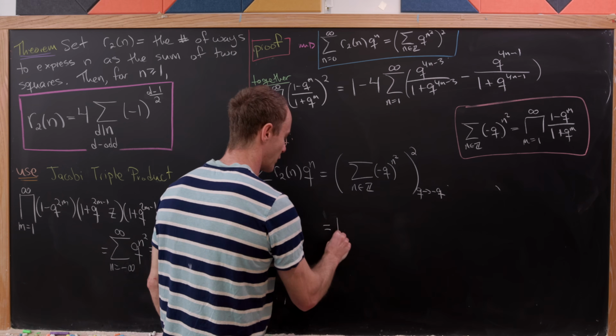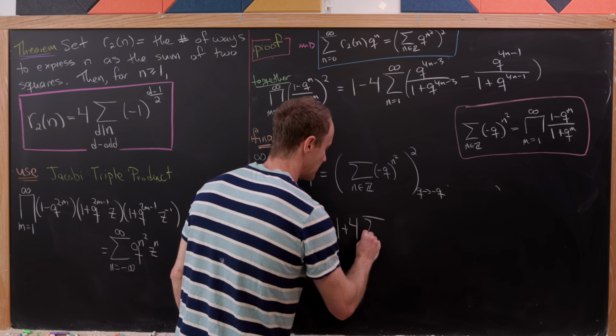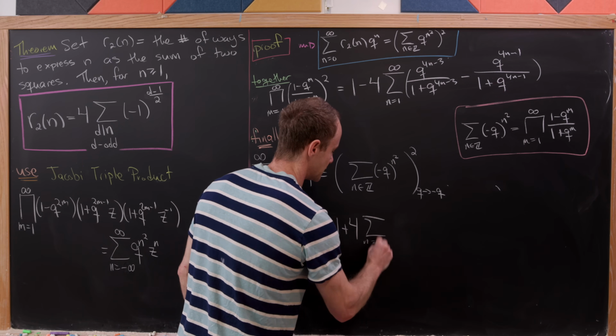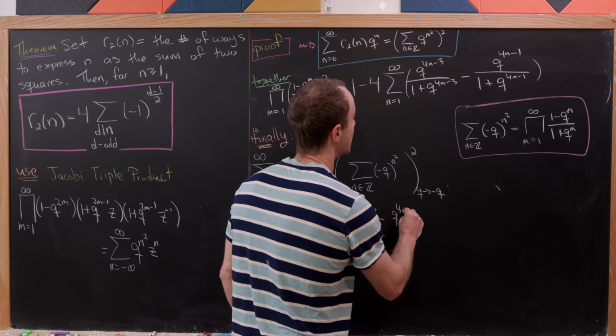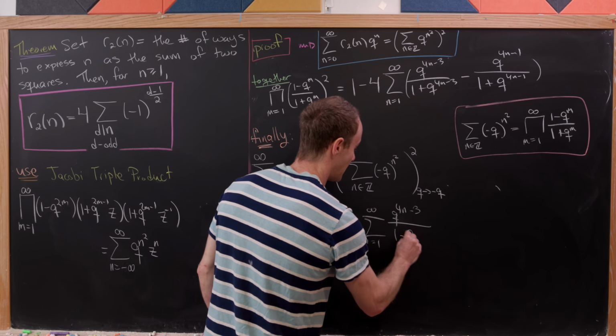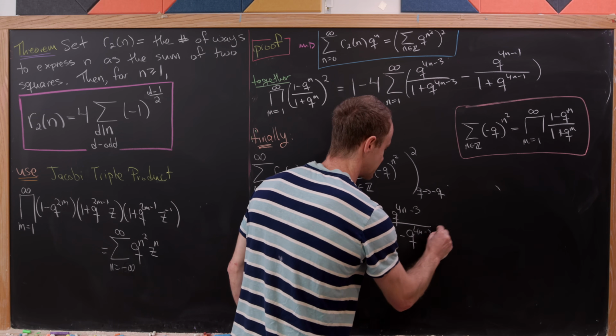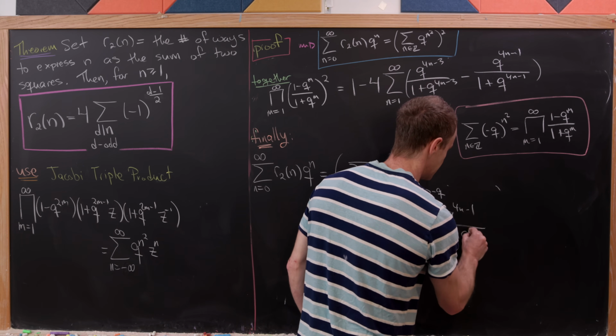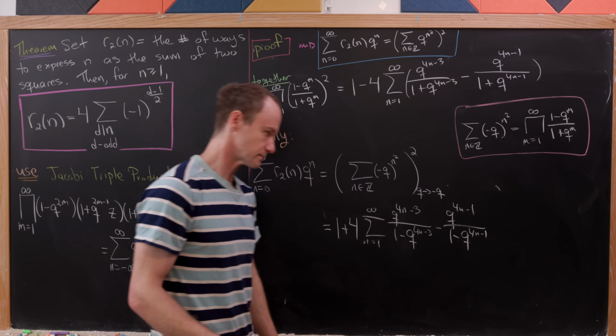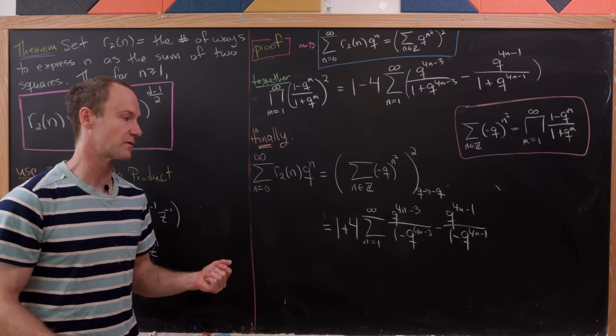So that's going to leave us with 1 plus 4, and then we'll have the sum as n goes from 1 to infinity of q to the 4n minus 3 over 1 minus q to the 4n minus 3 minus q to the 4n minus 1 over 1 minus q to the 4n minus 1. Now we're pretty much home free.